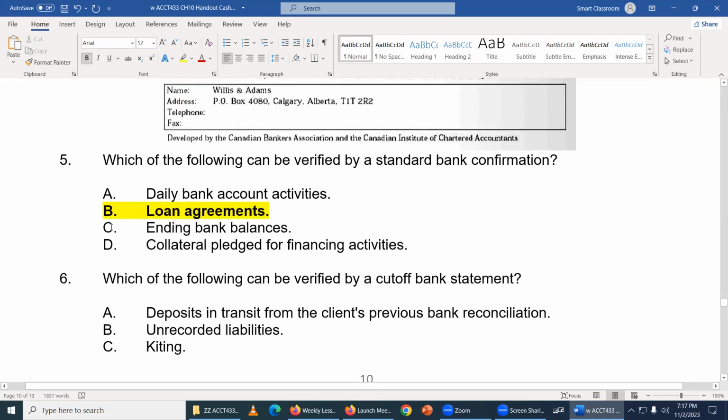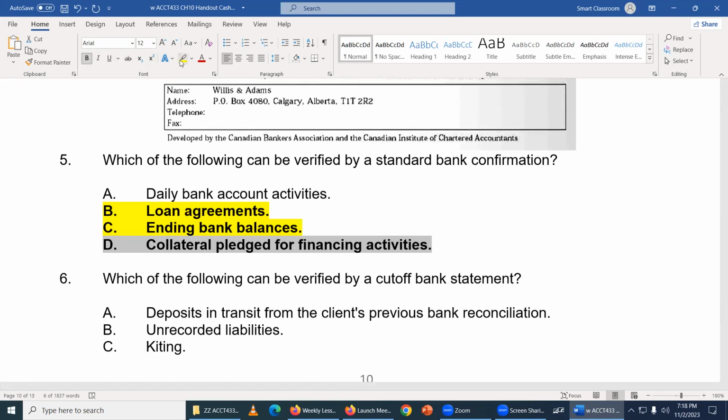It will see the ending bank balances will be on there too. The only one that's not on there is, I should probably ask this differently, which of the following cannot be verified, because all these things will be on there. Who wrote this question anyway? So the daily bank account activities, you don't know those. It's just at the end of the period, but it will tell you the loan agreements, the collateral, the ending bank balances will all be on there.